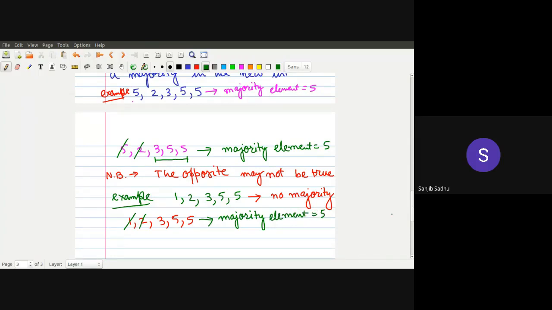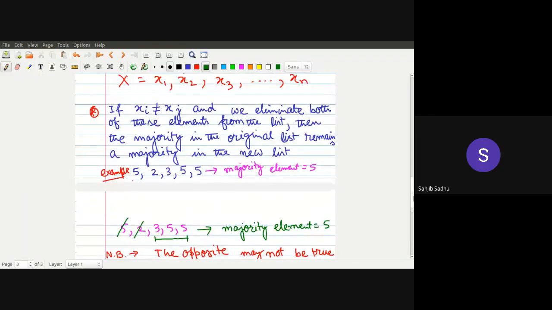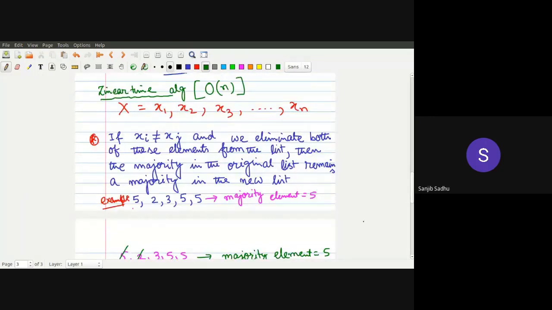That means given an array, we'll just check whether the two elements are the same or not. If they are not the same, you throw them out, and then again you start the rest of the elements as a new array. Again you check the two elements, are they same or not? Clear?